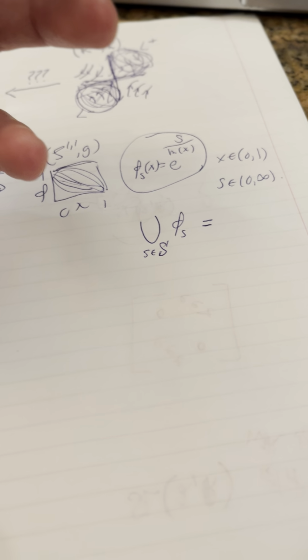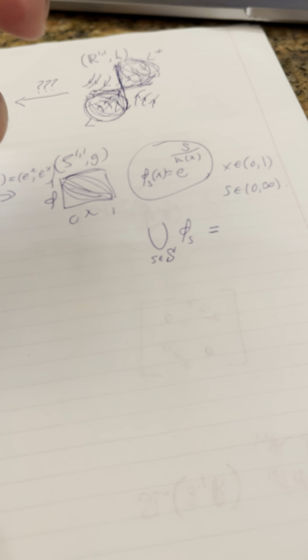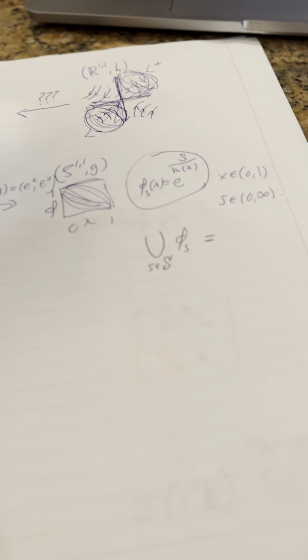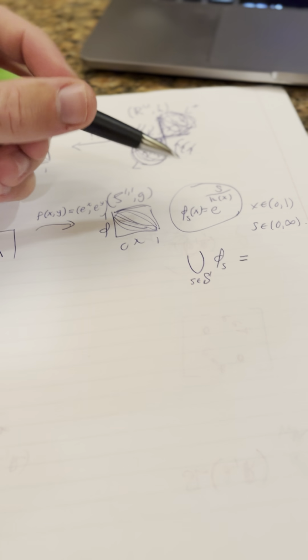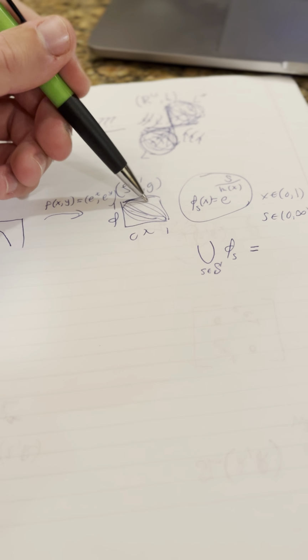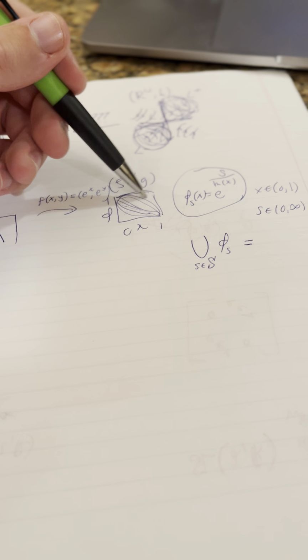The union of all the leaves essentially generates the entire manifold. Or basically the entire manifold can be broken up into one-dimensional pieces, these one-dimensional pieces that together the union is the manifold.